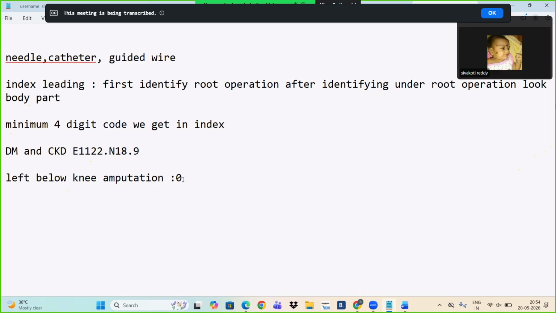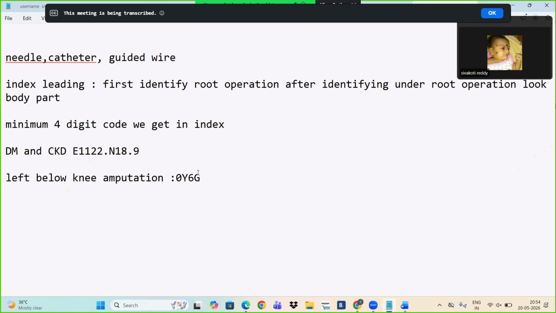0Y6. Knee is left. Why do we need to take knee here? They are performing the knee amputation. J0Z.